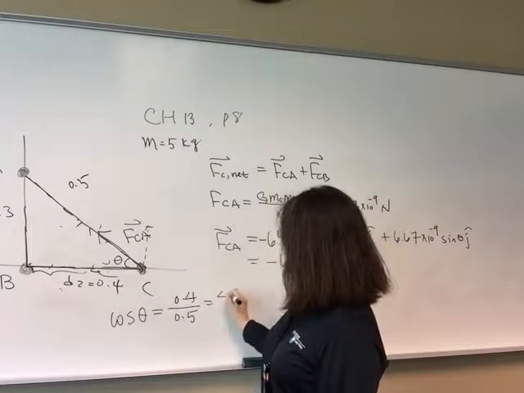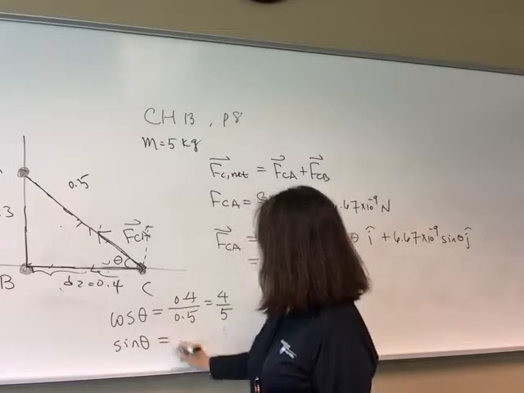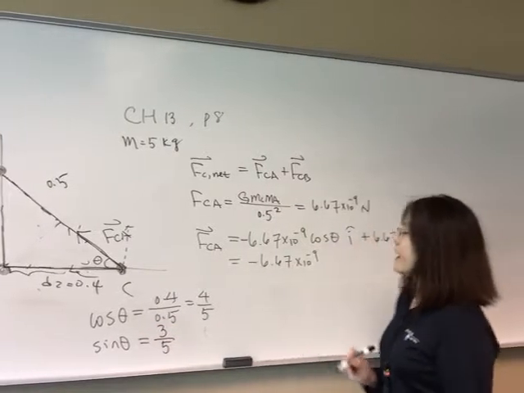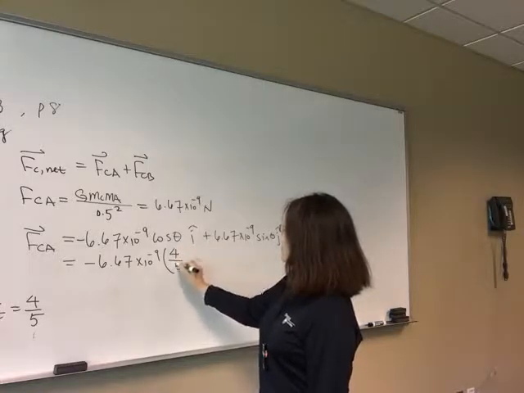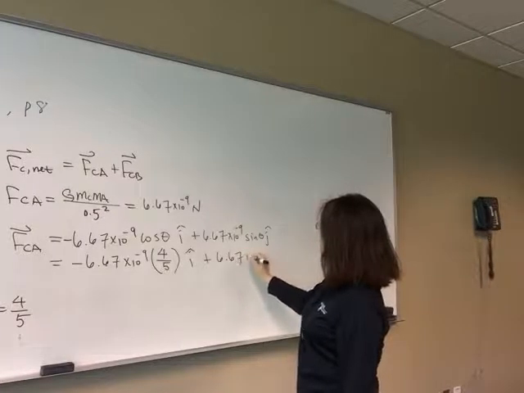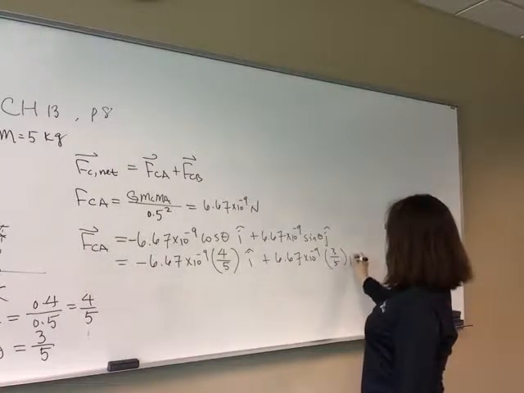So that's 4/5. And then your sine theta would just be 3/5. Okay? So in that case, your cosine theta plugs into this, so that's 4 divided by 5 i hat, and then plus 6.67 times 10 to the negative 9, and then sine theta, that's 3/5, and j hat.